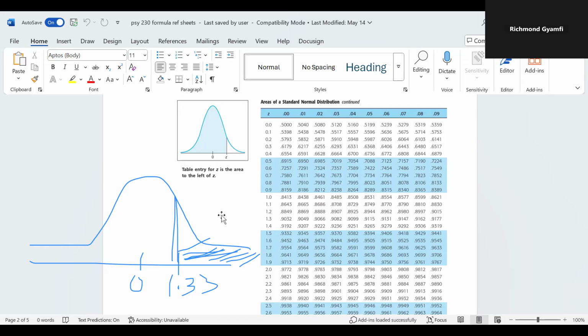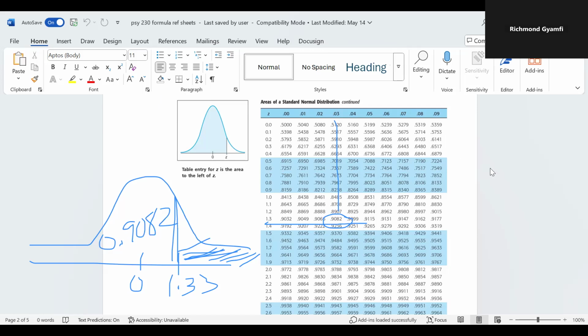So what is it? 1.3 right there, and then here you have your 3. So you're looking at 0.9082. That is this guy here. And then you subtract from 1.